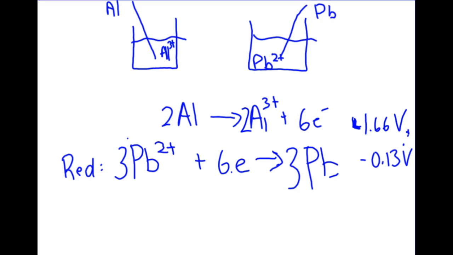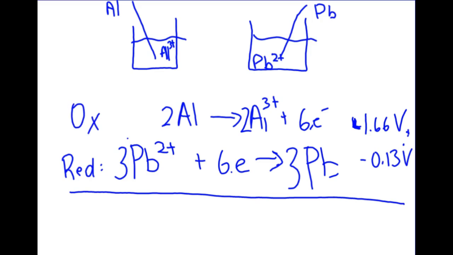Now, if I take a look at this, I have 6 electrons which are lost by the aluminum, and I have 6 electrons which are gained by the lead. Please add these two half reactions together.